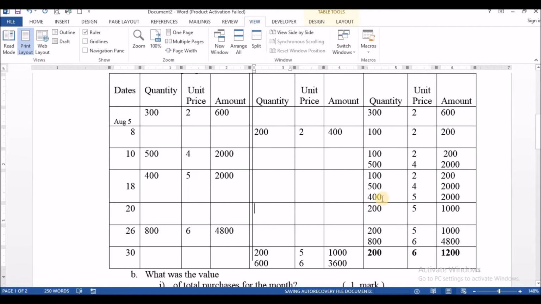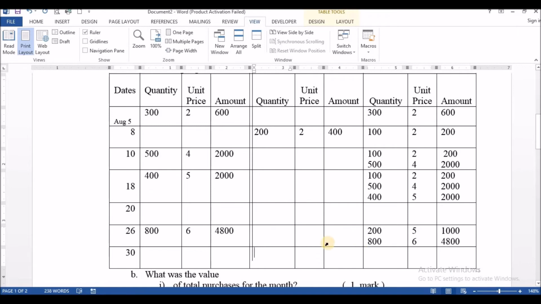So here, last in, first out. So we want to sell 800 units. So what we're going to do, let me remove this so it doesn't confuse. Alright, let me delete all of this, this, and this.